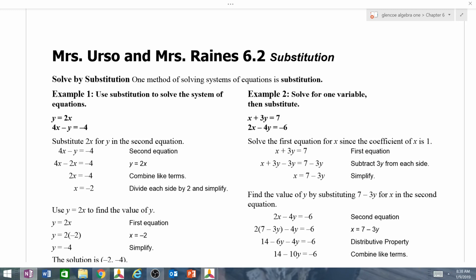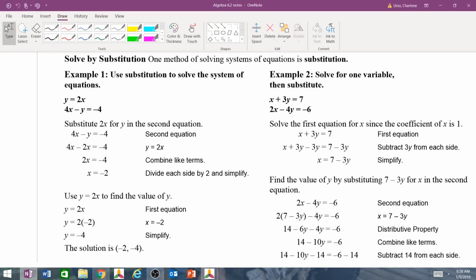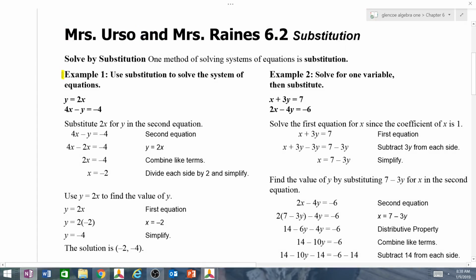So example 1 is a perfect time to use substitution. Example 2 is not the perfect time. The questions that I've chosen for our classwork today have a variable that's been solved for, and that is going to set us up to be successful using the process of substitution.